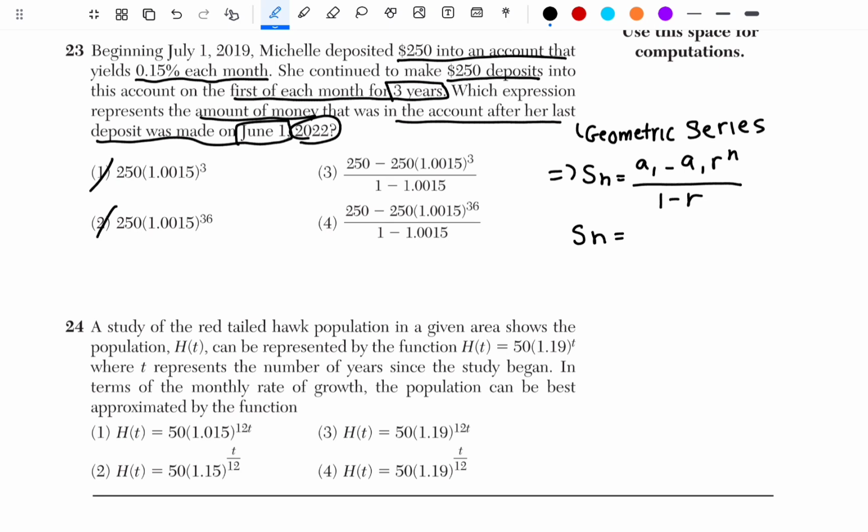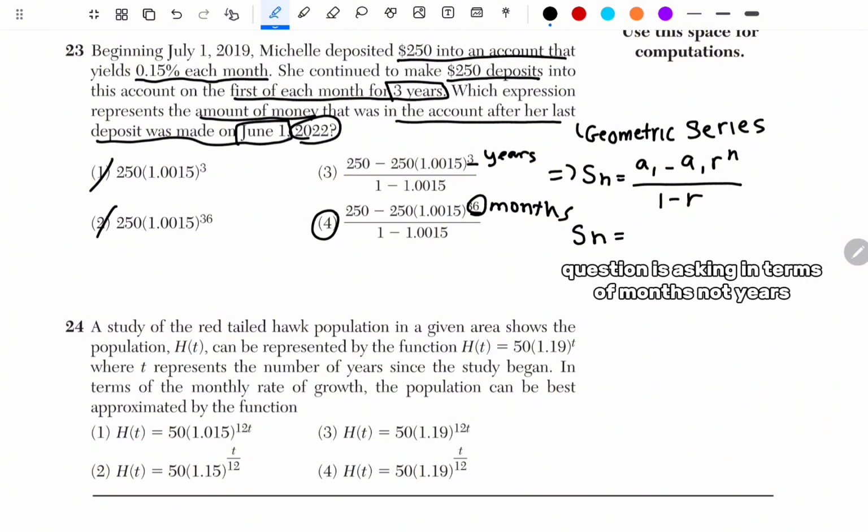Now we're in between 3 and 4. Even if we don't solve 3 and 4, we know our answer choice has to be number 4. Why, you may ask? This says 3 years. This says 36 months. If we do the 3 years, it does not interpret it as 3 years.